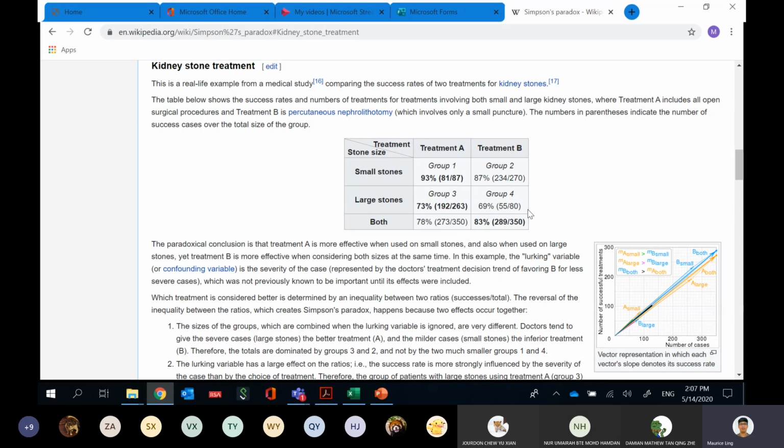Do take note that there's such a thing. The reason is there's this thing known as a confounding variable, which is that the patients going for treatment A and treatment B is actually not random. It's based on the surgeon's or the doctor's advice. So the doctor does advise one treatment versus the other, and that is what causes the differences.